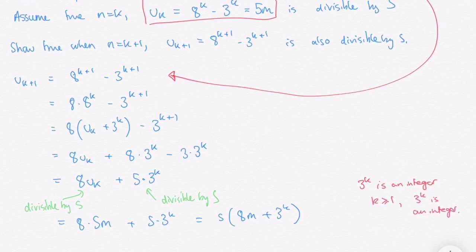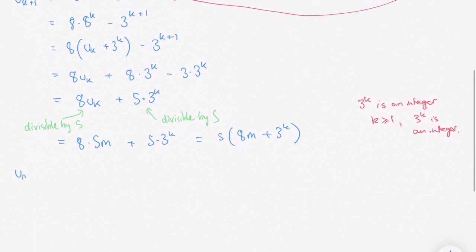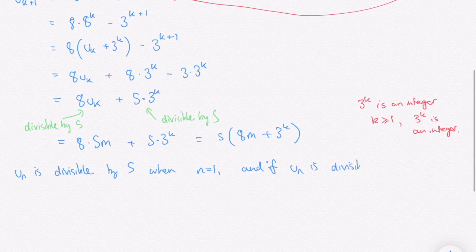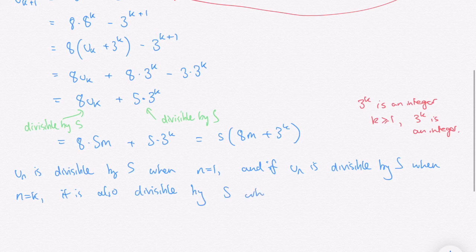So what have we done? Well, we have shown that un is divisible by 5 when n equals 1, and if un is divisible by 5 when n equals k, it is also divisible by 5 when n equals k plus 1.